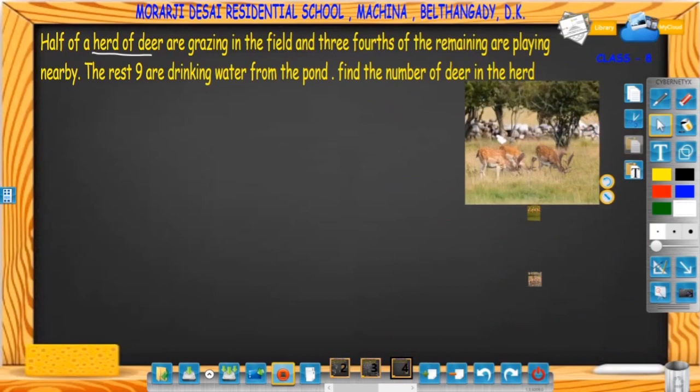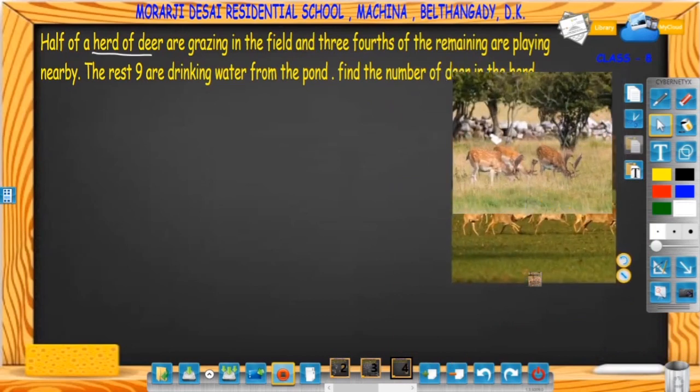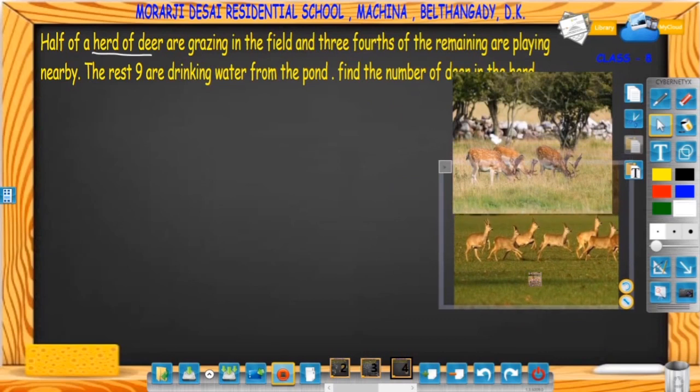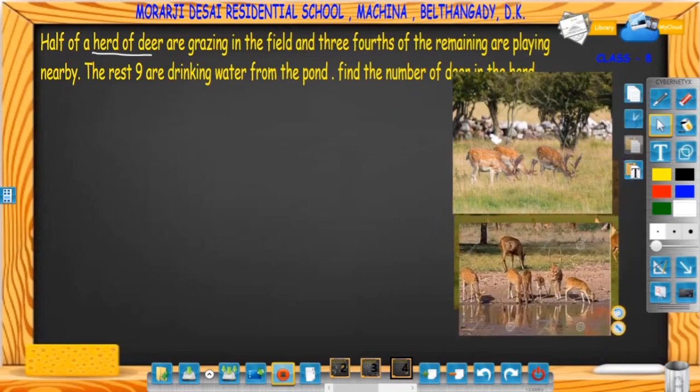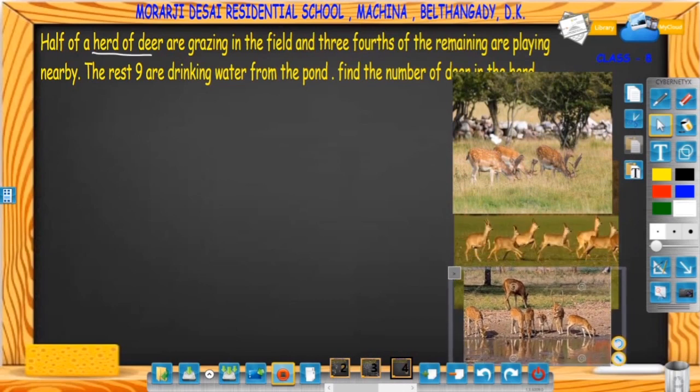Now find the number of deer in the herd. Herd of deer means group of deer.